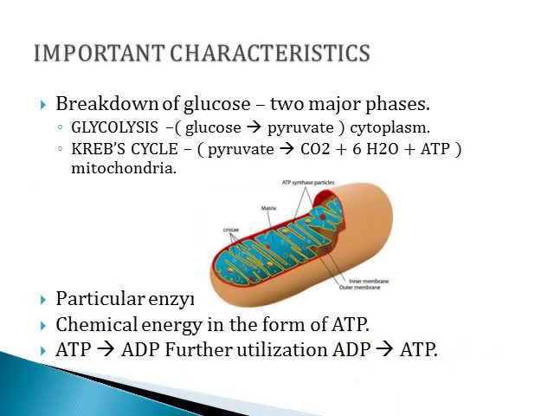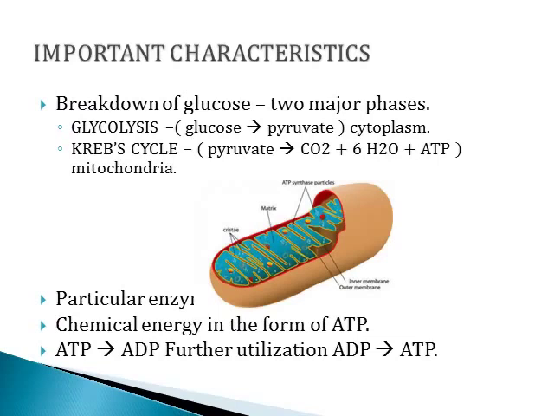Next, the important characteristics of respiration. Here we have three important characteristics. The first is the breakdown of glucose. As I said in the introduction, energy is made available by breaking down glucose.